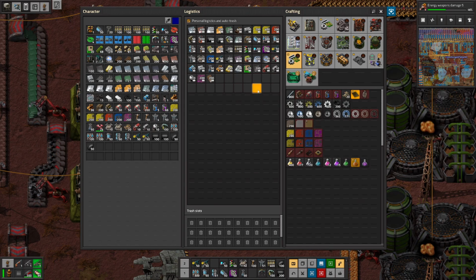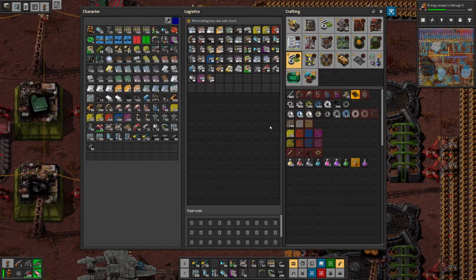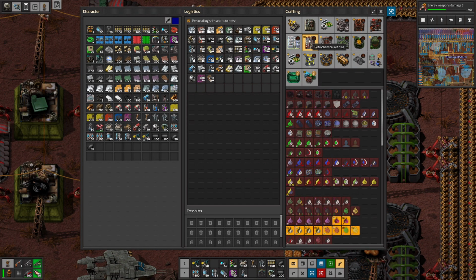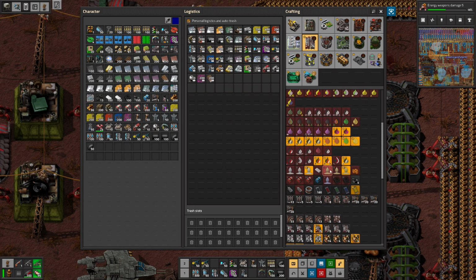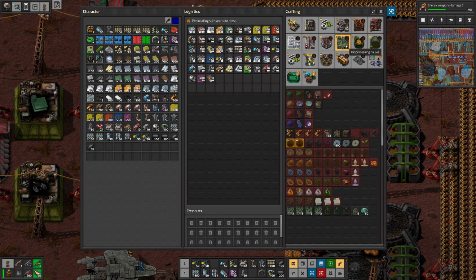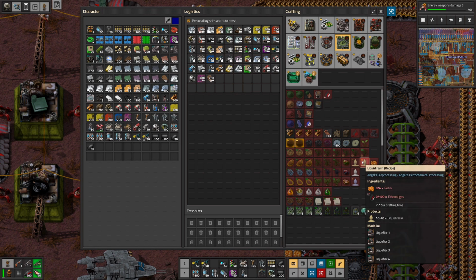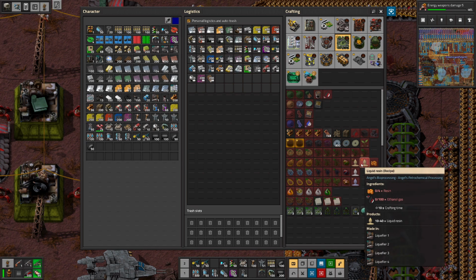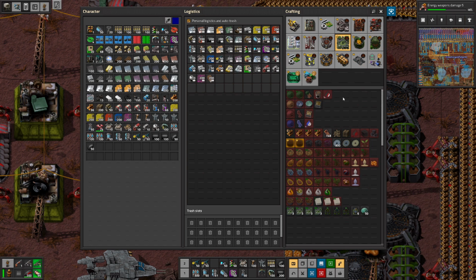So then the question is, is there a way to make liquid resin out of solid resin? Indeed there is, with some ethanol gas.